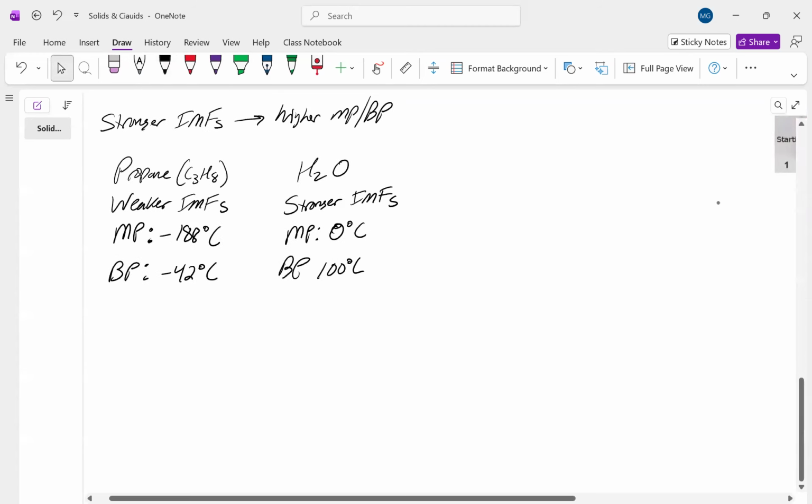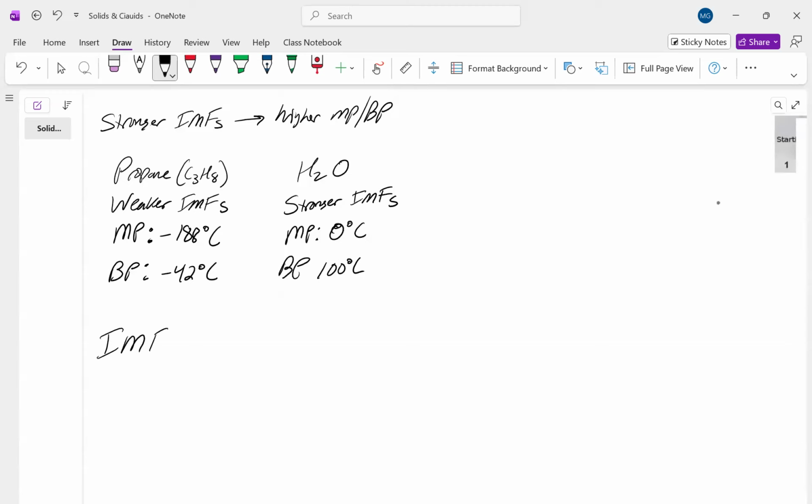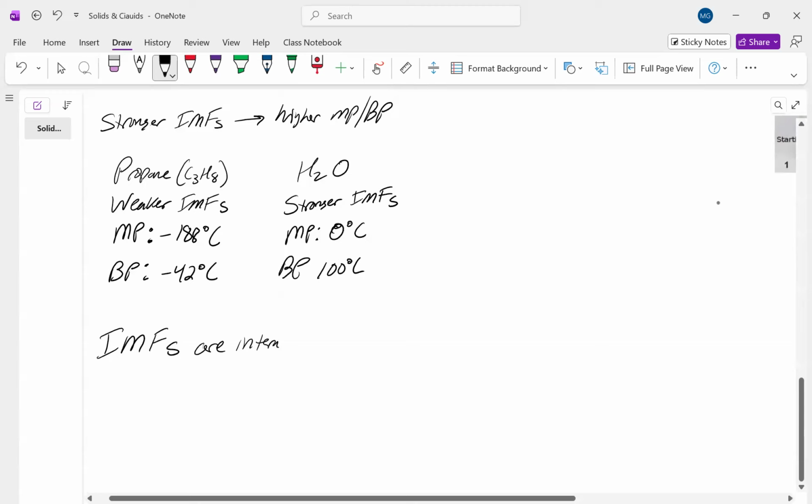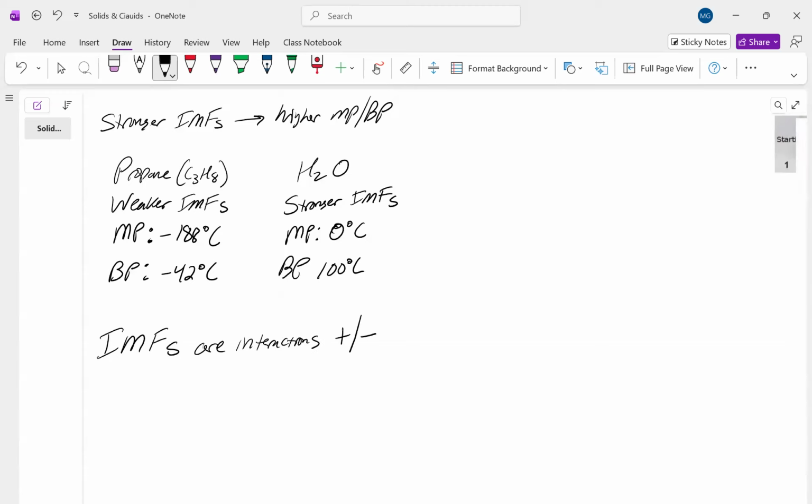Before we go into the specific intermolecular forces, I want to highlight the commonality between them. All of these intermolecular forces are interactions between something that is positive and something that is negative. We've all heard the term opposites attract, and really, this is about opposite charges attracting.